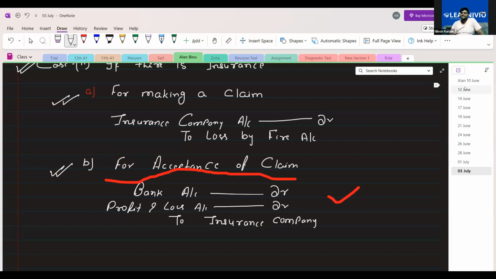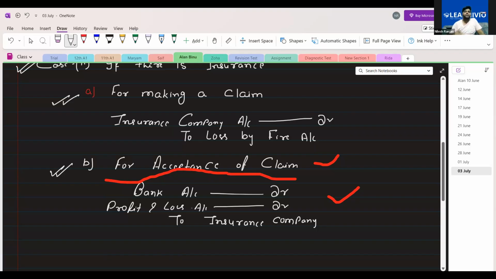Like if it's paid for full amount, I'll write this, and then half amount also this. But actually, it's the opposite, right? So here, can I write just one? But what I have just explained, that if there is full claim, then we will not write profit and loss account. Yes. Okay. That is what I explained.